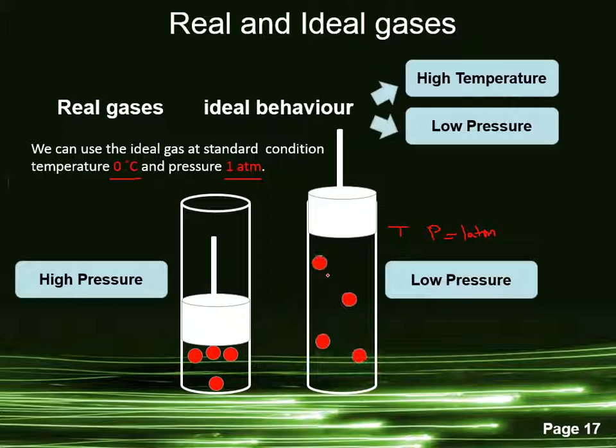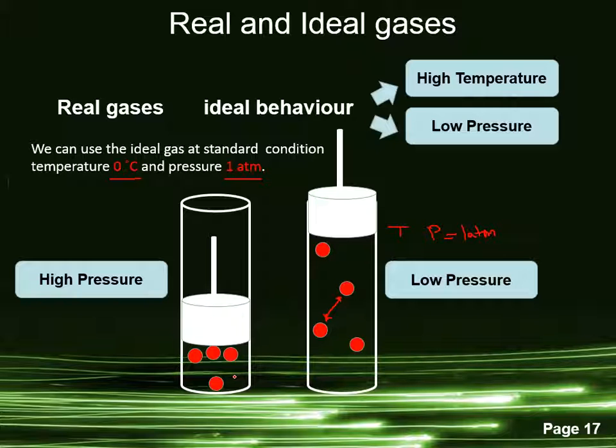I think we can use the ideal gas law to approximate how this behaves, because if the distance is large enough, we can assume the volume of the particles is small compared with the total volume, and since they are far away, we can assume they don't attract each other.